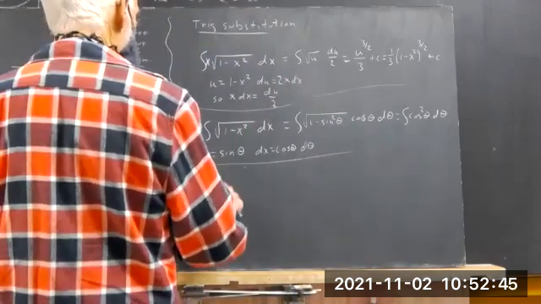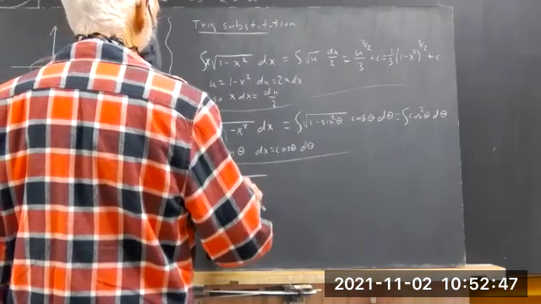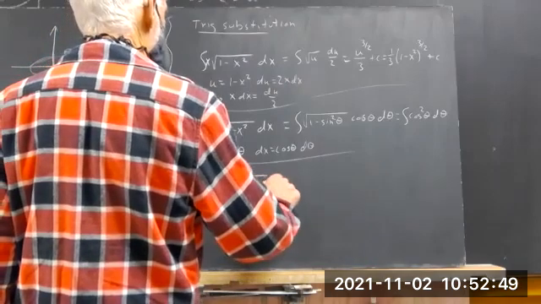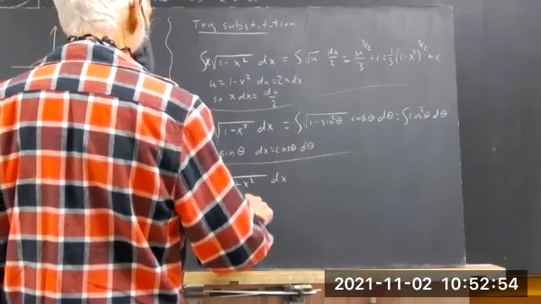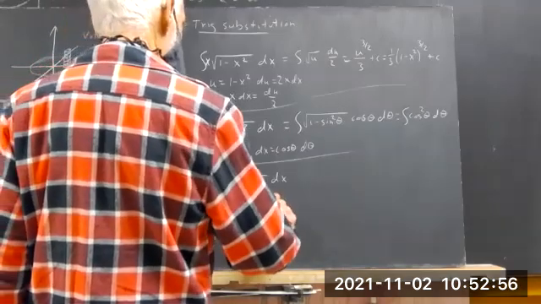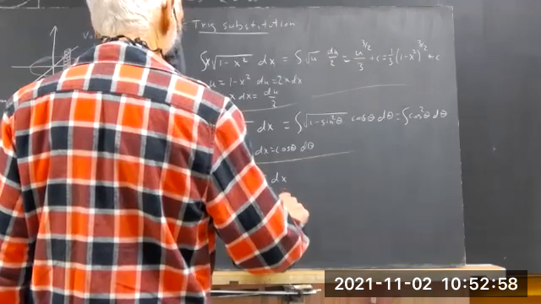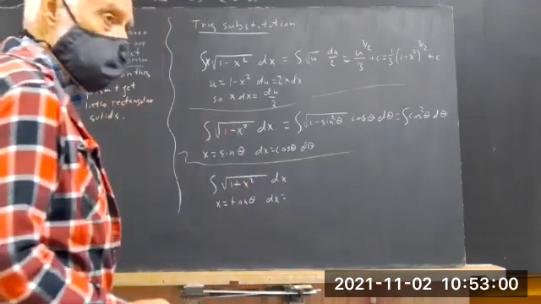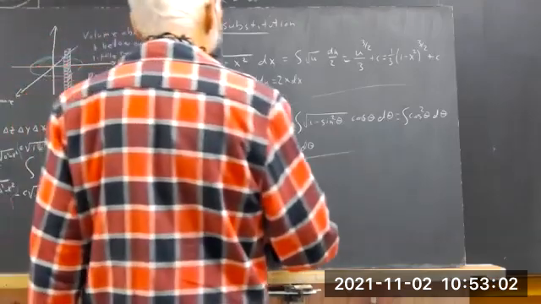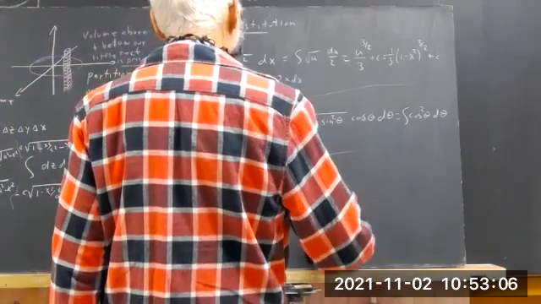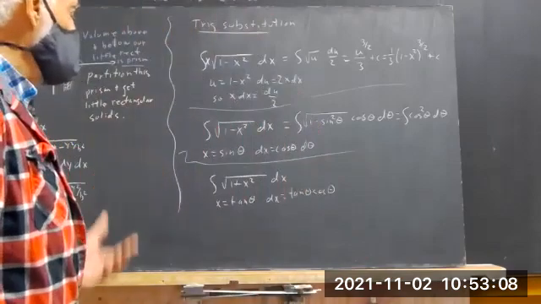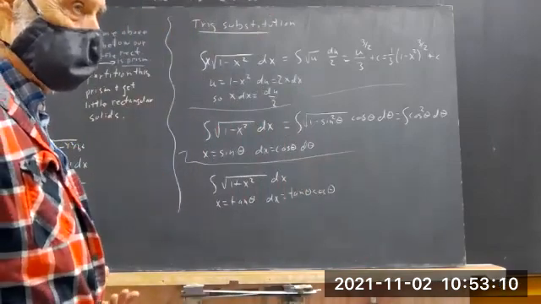Another instance, if we've got the square root of 1 plus x squared, then you let x equal the tangent of theta. Okay. And the derivative of x equals tangent theta is secant squared theta, is that right? It's sine over cosine, okay?